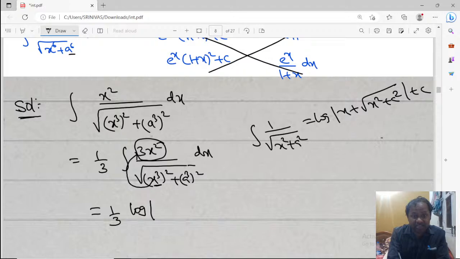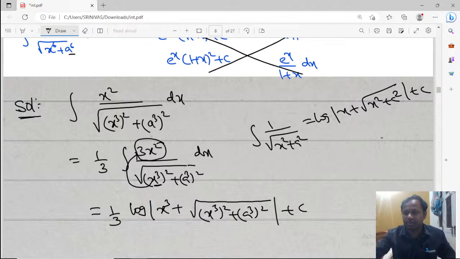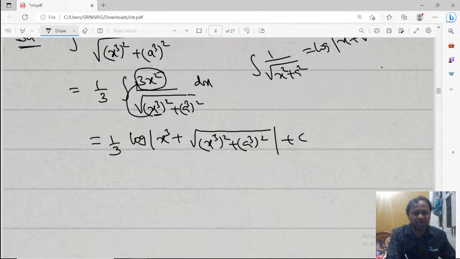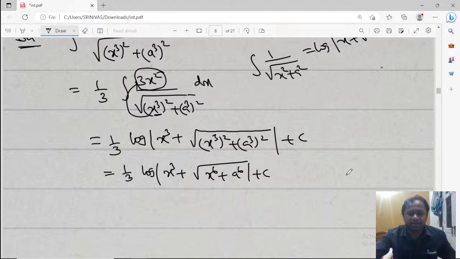Log mod x, x is nothing but x cube, plus under root of (x cube) whole square plus (a cube) whole square, plus c. Direct answer. So we get 1 by 3 log mod x cube plus under root of x power 6 plus a power 6, plus c. Simple one.